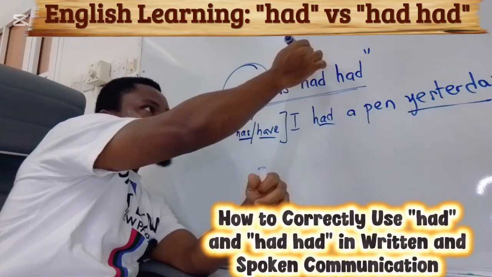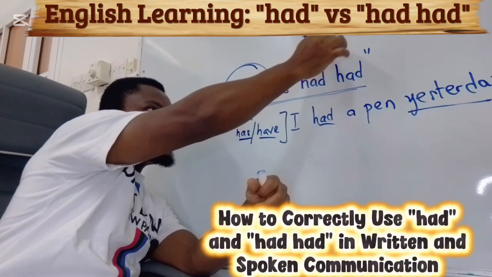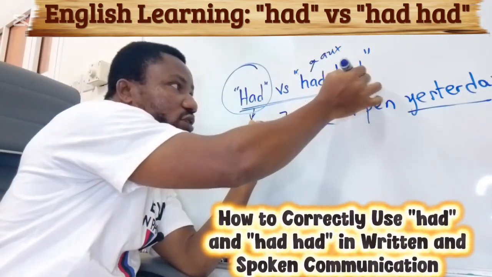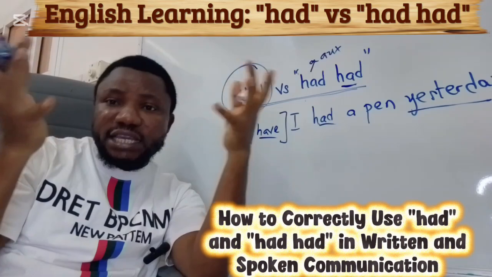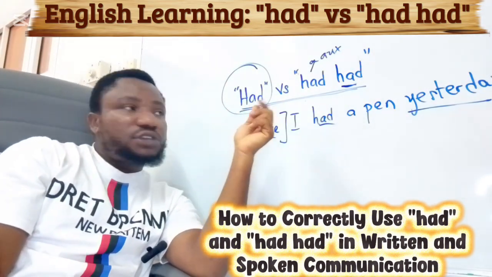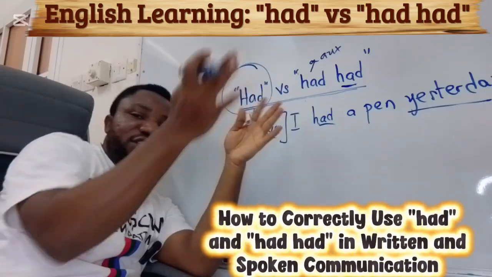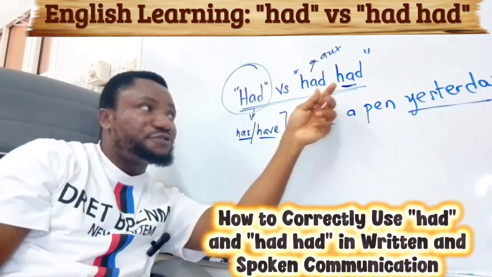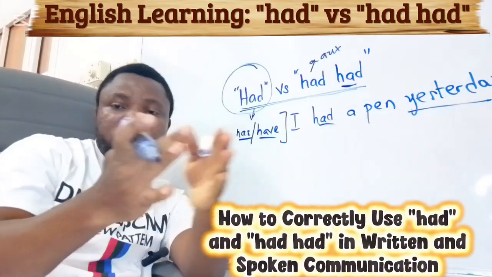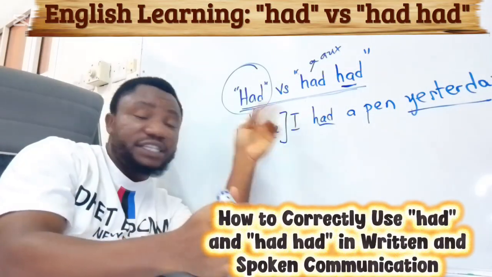The first had becomes an auxiliary verb, a helping verb, while the next one becomes the main verb. This is a two-word verbal phrase, had had.